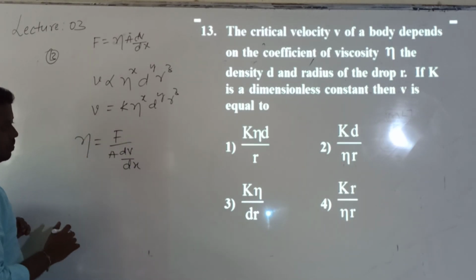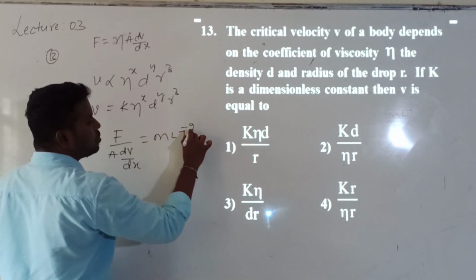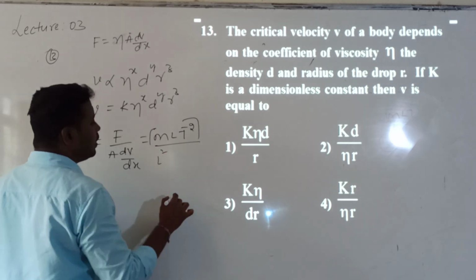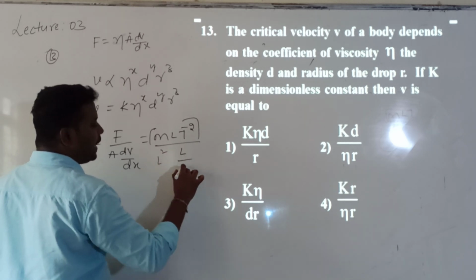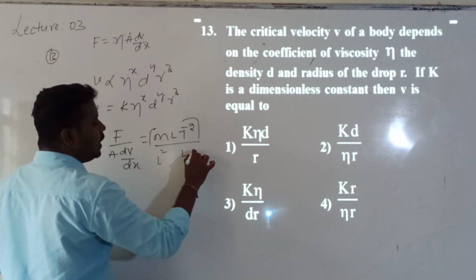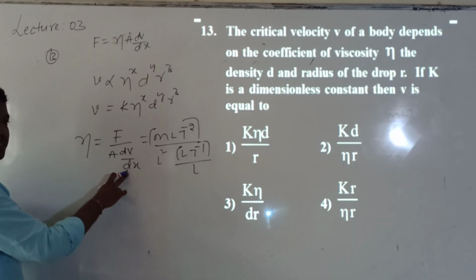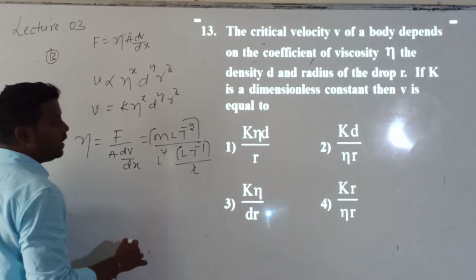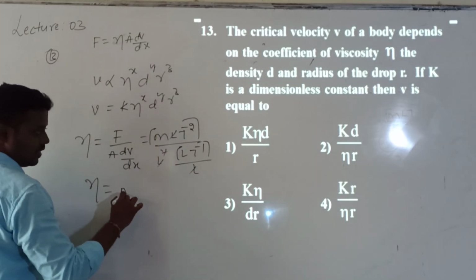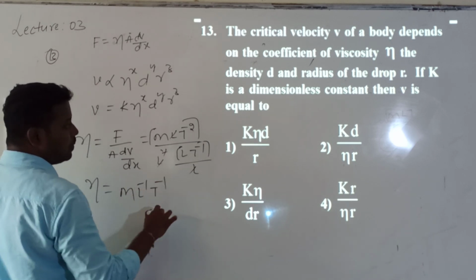So F has dimensional formula M L T^-2, divided by area L^2, into dx, which is L, over velocity L T^-1. One L cancels and one more L cancels. Coefficient of viscosity dimensional formula is M L^-1 T^-1.